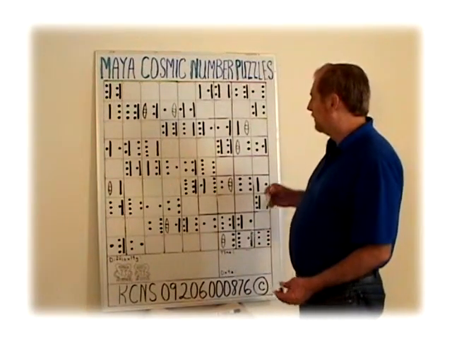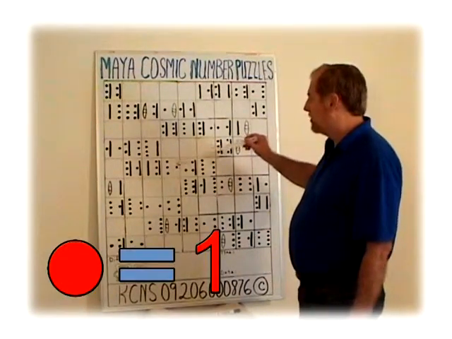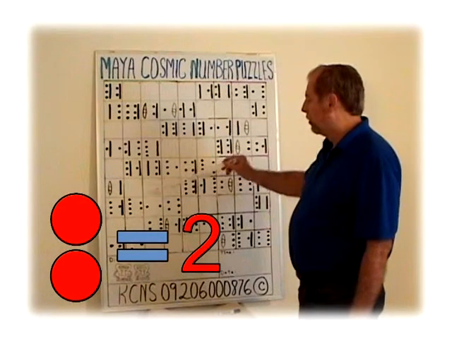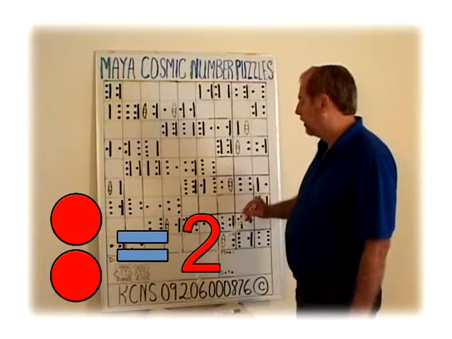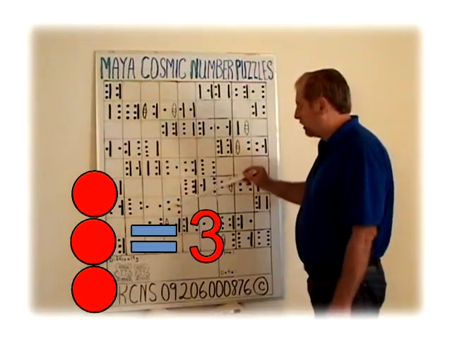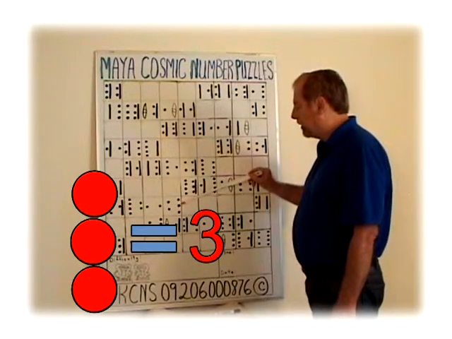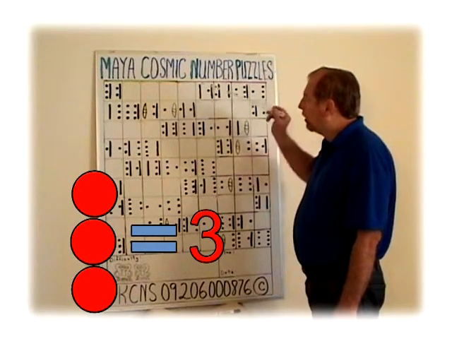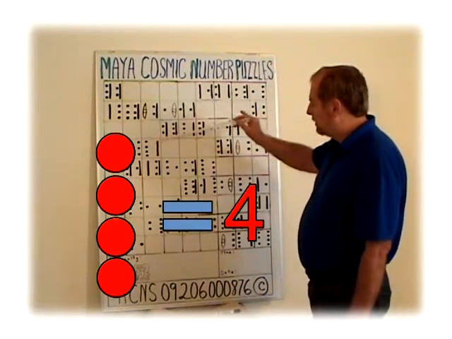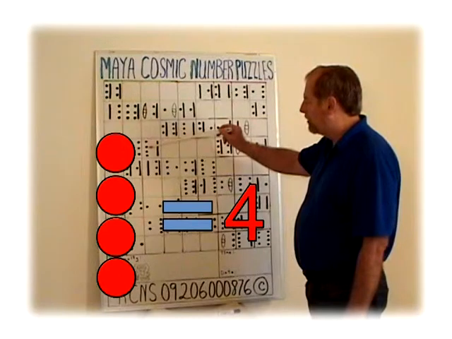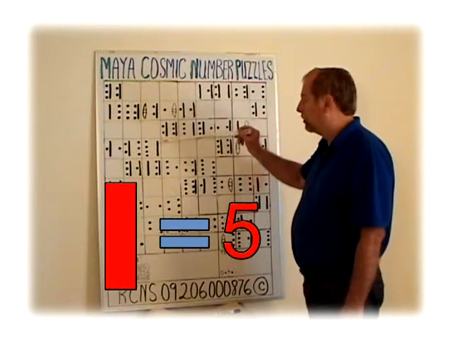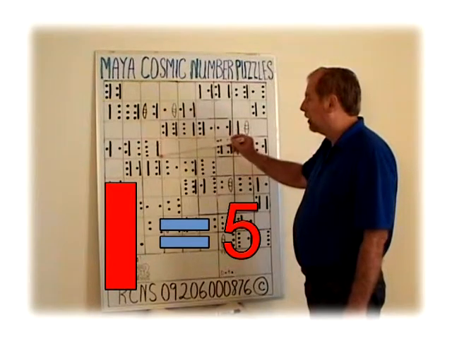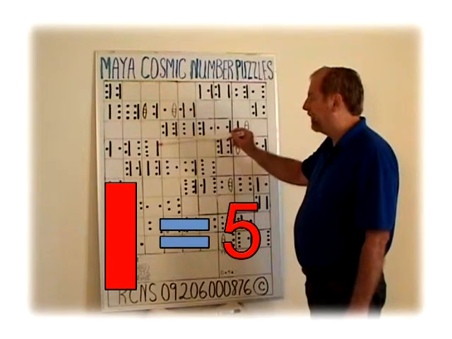A dot represents a 1. 2 dots represents a 2. 3 dots represents a 3. 4 dots represents a 4. Then it changes to a bar, which represents a 5.